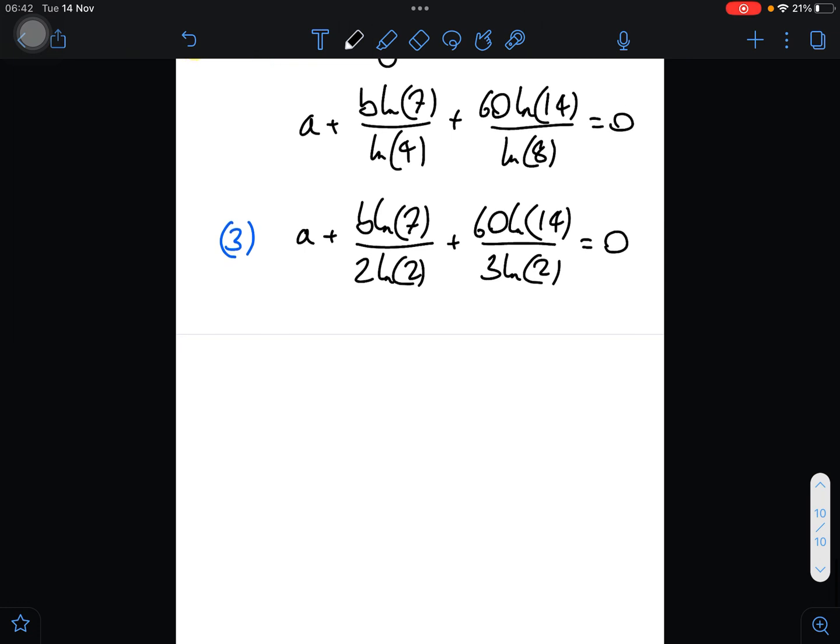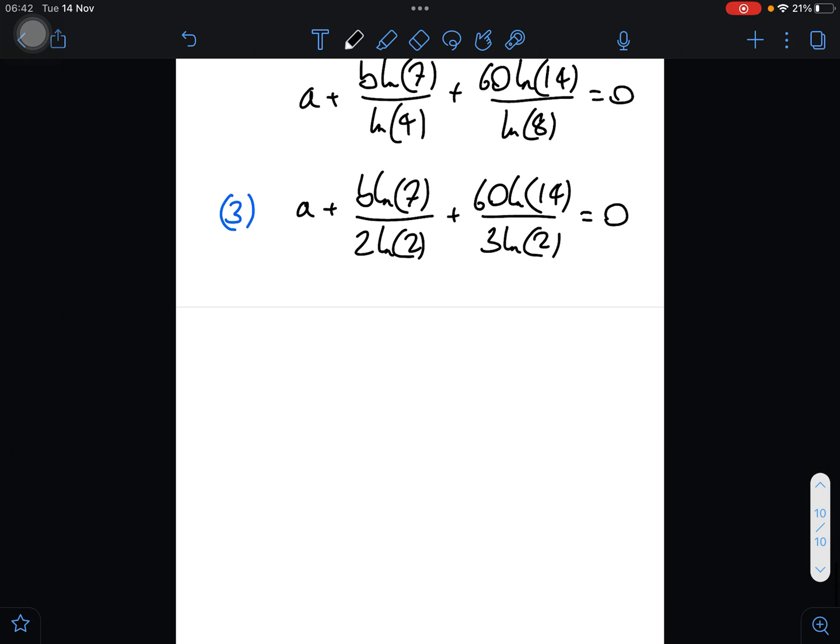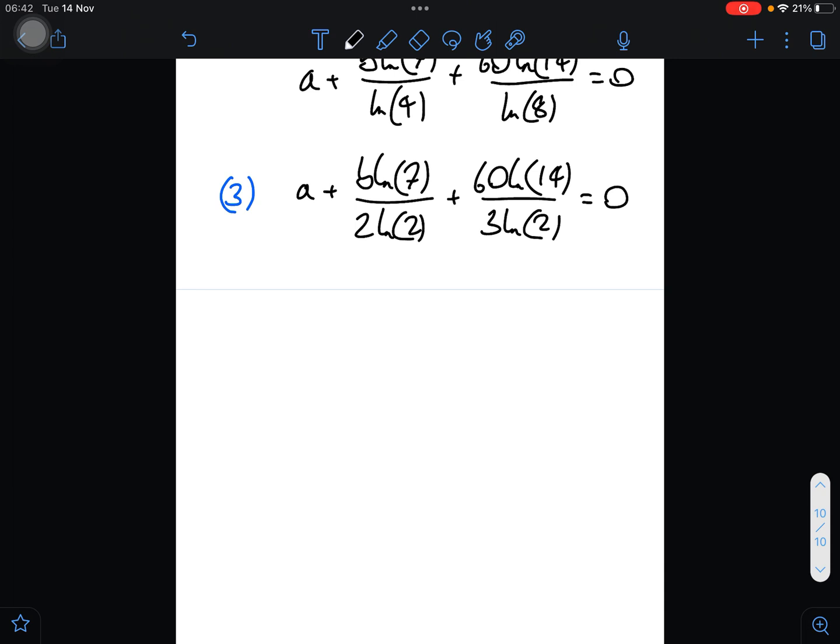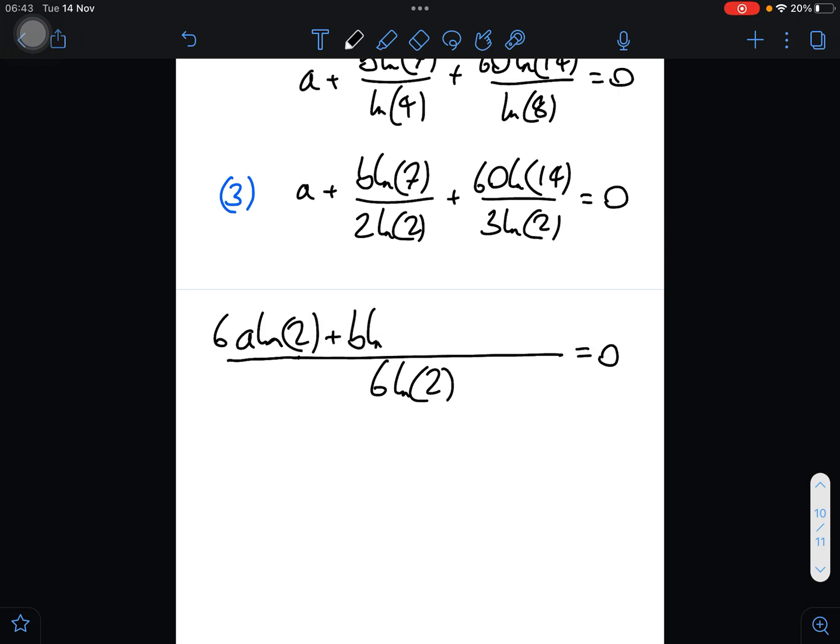Well, we've got to multiply them all by 6, so that we can put them under the same denominator. So 6 ln 2 on the bottom. You can go over this slower when you need to, or ask me if you need any help on this sort of stuff. But now we've got 6a ln 2 plus, well, it's going to be 3b ln 7, using our fractions.